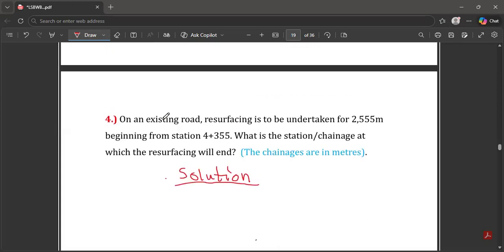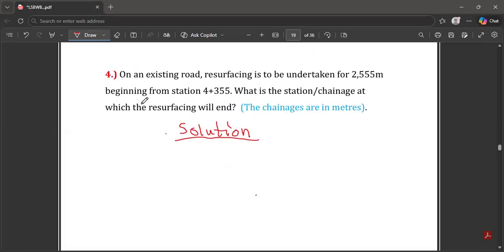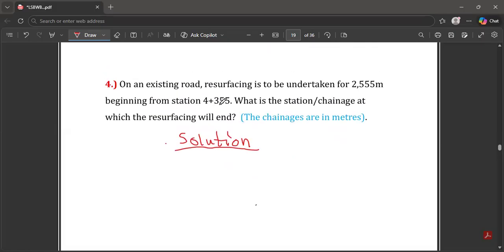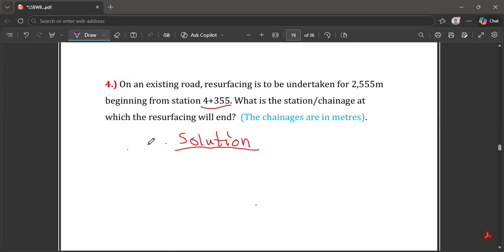Good. So let's proceed. So first of all, we have to convert the first one, we are going to convert this one, okay? Because at the end of the day, we are supposed to add.